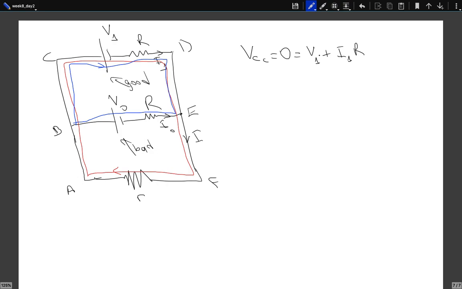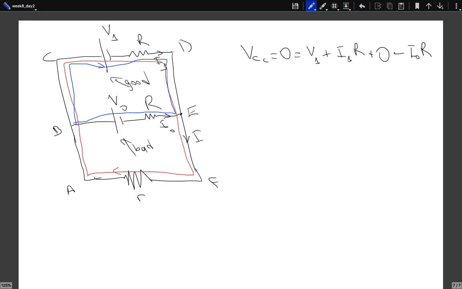Between the point D and E, the potential drop? 0. Between this point and this point, what is the potential drop? The potential difference is I0R. Since we are going in the opposite direction of the current, it should be a negative drop, that's why we have a minus sign over there.